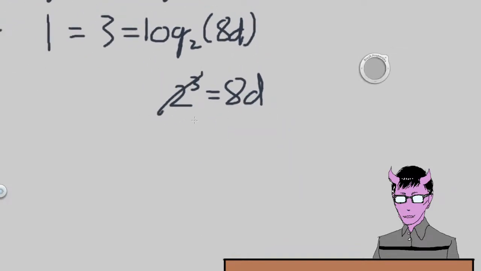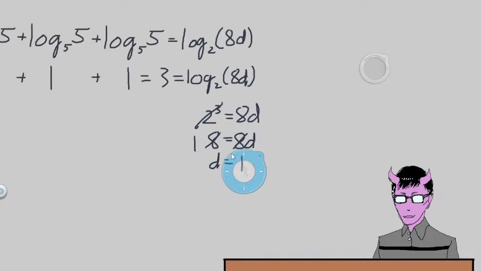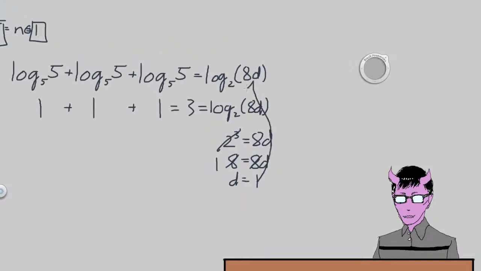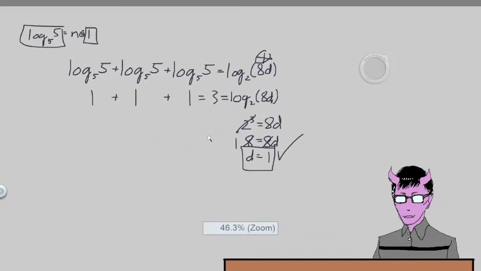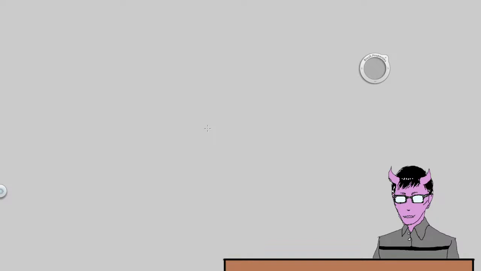So that's just going to be 8. Divide both sides by 8, so we get final value. D is equal to 1, but don't get too excited. Make sure you back plug it in to make sure it works out. Positive input, yeah, we're good to go. That is a good answer, and this problem is concluded. Very simple.